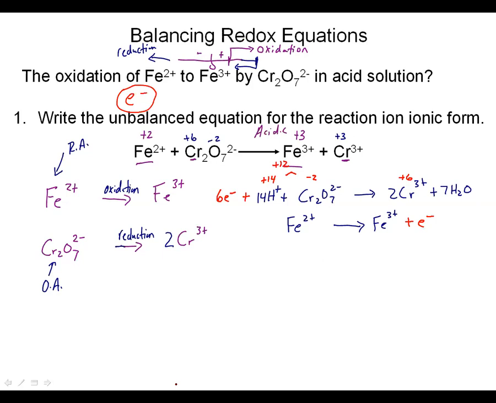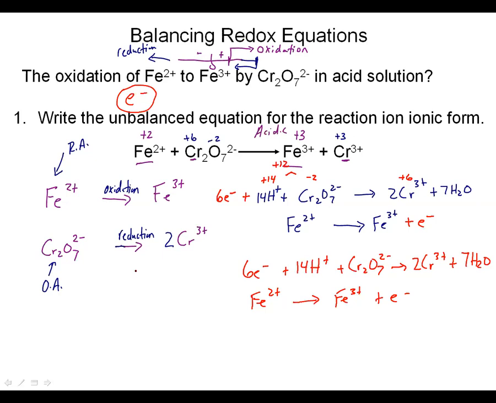Now, again, I'm just going to rewrite this so it's a little bit neater so we can see what's going on. So we have 6 electrons plus 14 H plus. At this point we now want to add both our oxidation and reduction half reactions back together. But before we can do that, the important thing is that the electrons are on opposite sides of the arrow.